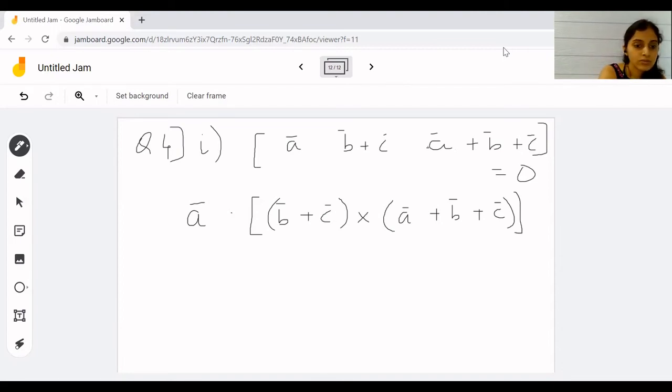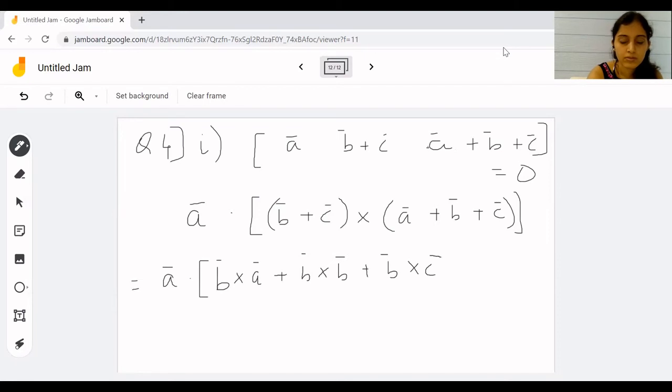Which is equal to a bar dot b bar cross a bar plus b bar cross b bar and so on.